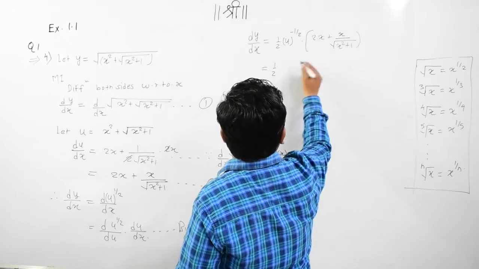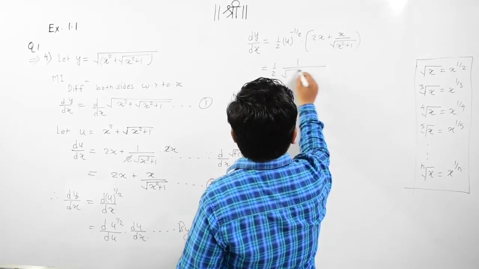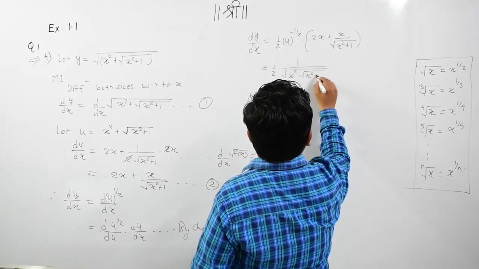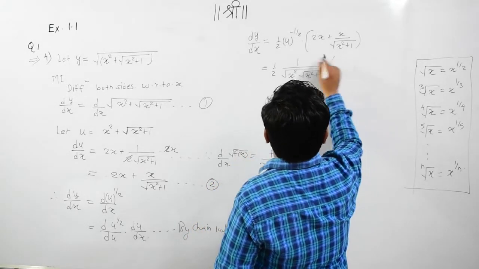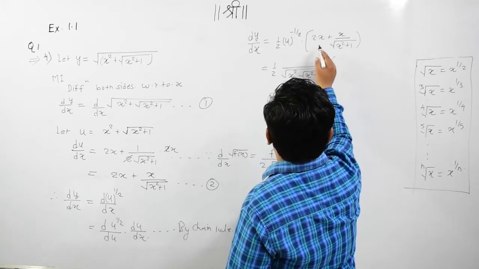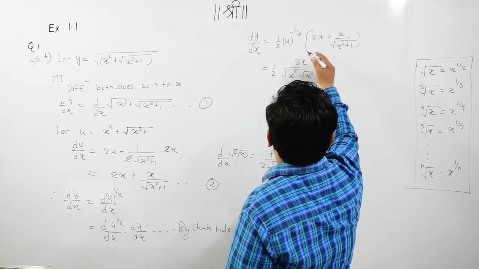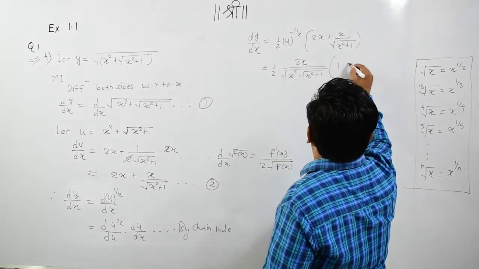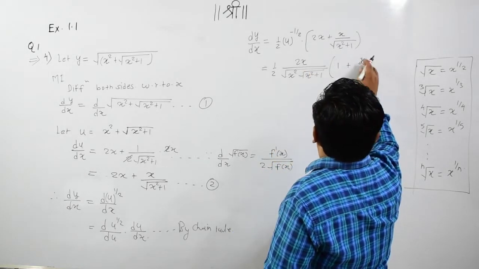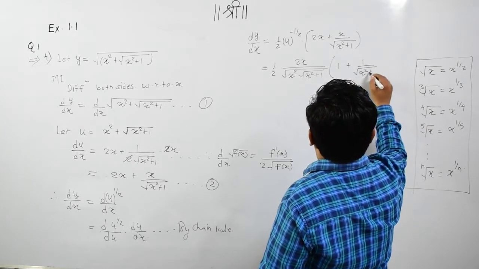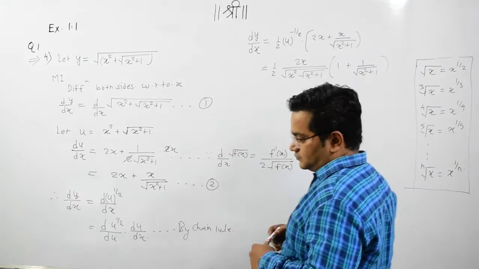So that will be equal to 1 upon under root of x square plus under root of x square plus 1, into, I would like to take this 2x common. Once we take this 2x common, here we will have 1 plus 1 upon under root of x square plus 1.